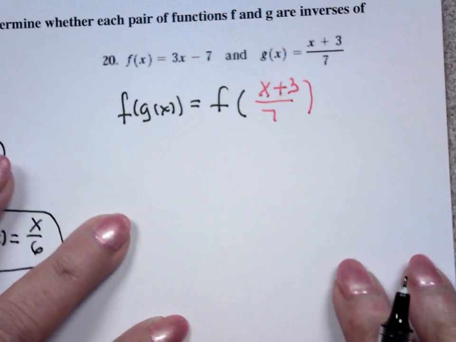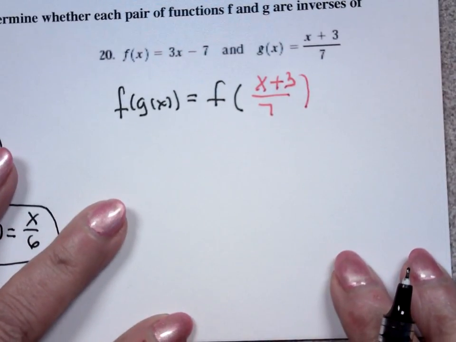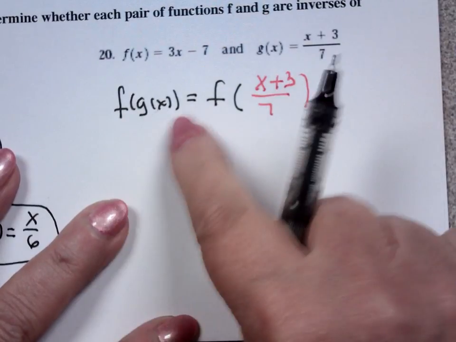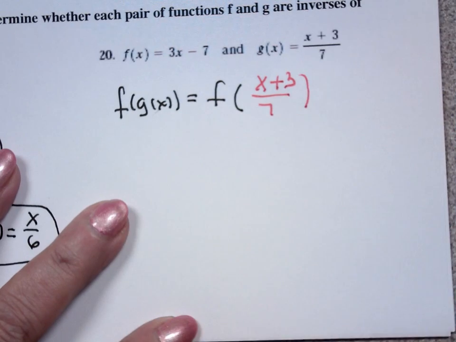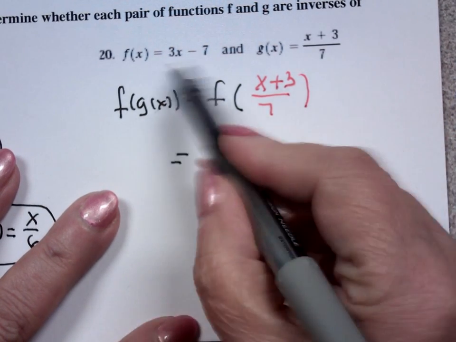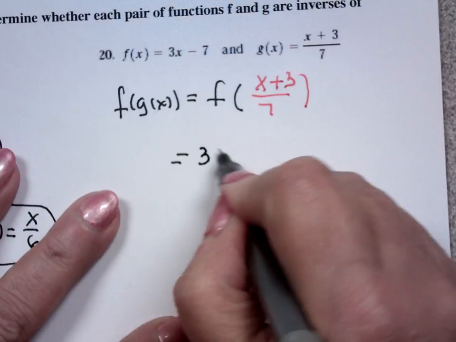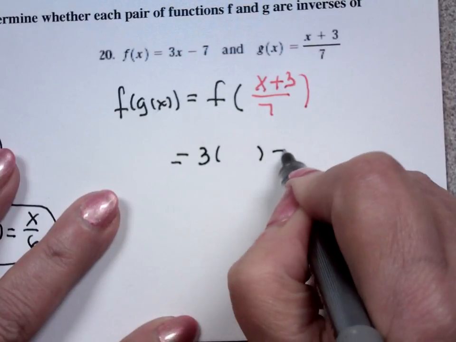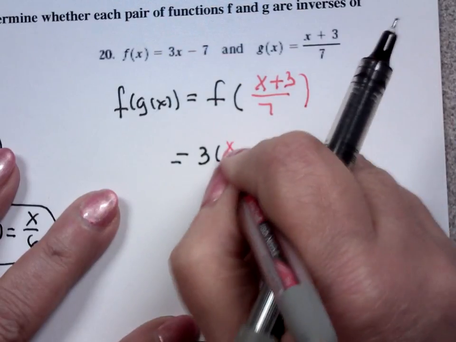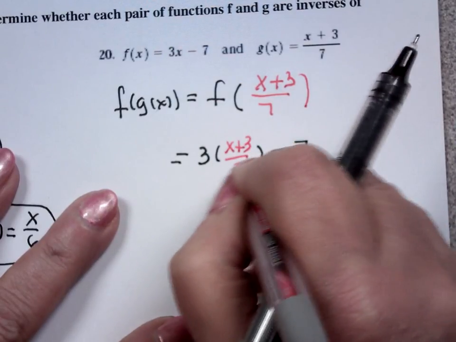If they are inverses of each other, what should I end up with? X, because f and g cancel each other out, and you end up with x. So this then becomes f, which is 3x plus 7, or minus 7, excuse me. And this is x plus 3 over 7.